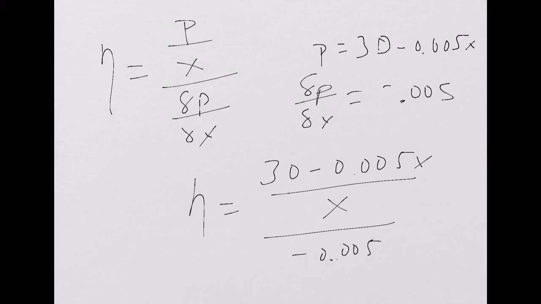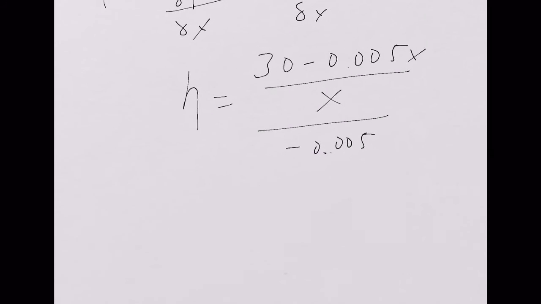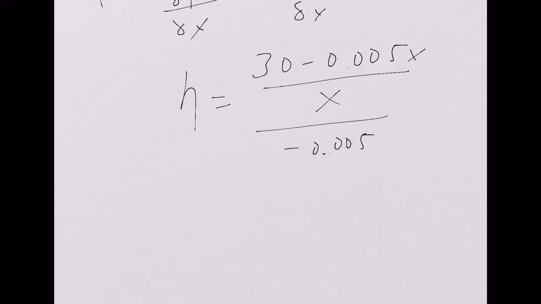And they were looking when x is 25, so I'm just going to plug in 25 for x here. And when I do that, I get 30 minus 0.005 times 25. Divide that by 25, and now divide that by negative 0.005. I get negative 239.